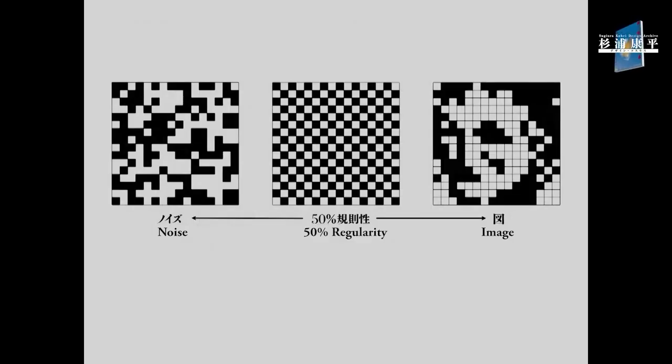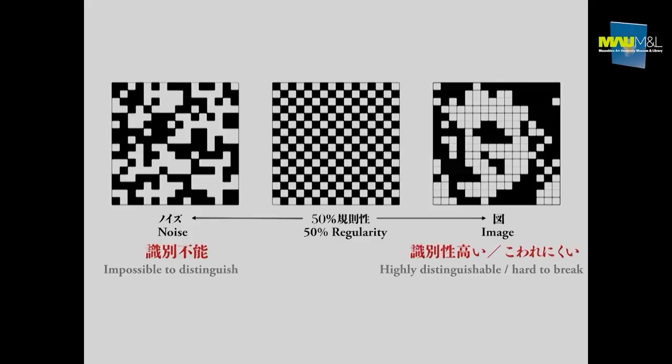In this way, while having the same density and amount of information, it is impossible to distinguish what has been processed in various ways to make noise, and if you use a solid, well-defined form of a figure, you can perform clearly distinguishable operations such as rotation, inversion, and converting it to a negative.